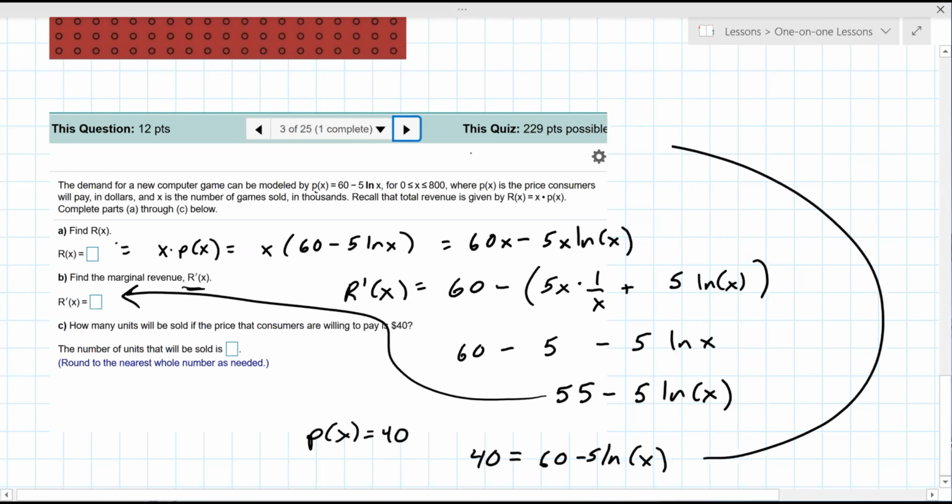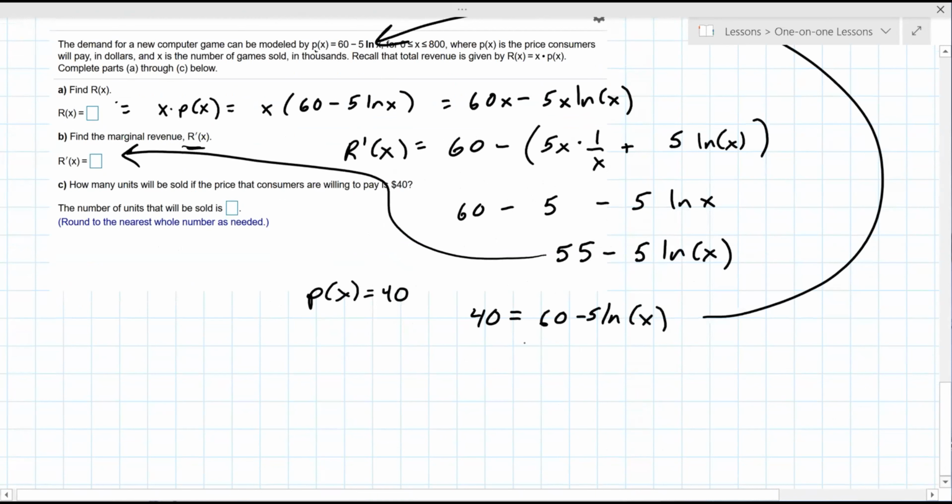I'm just getting that from there. And then you just solve this thing. Subtract 60 from both sides, so negative 20 equals minus 5 natural log of x. Divide by minus 5, so you get 4 equals natural log of x. And then you get e to the fourth equals x. That gives you some number, and you're rounding to the nearest whole number as needed.